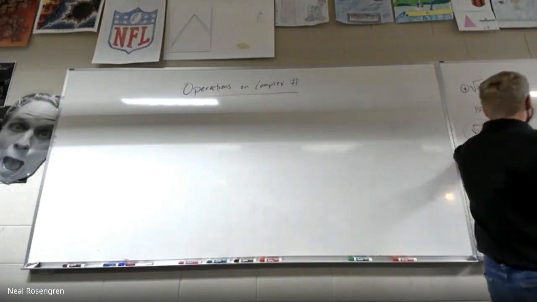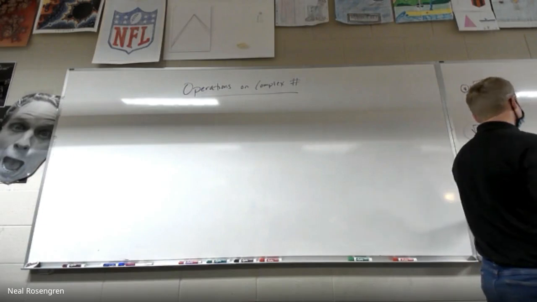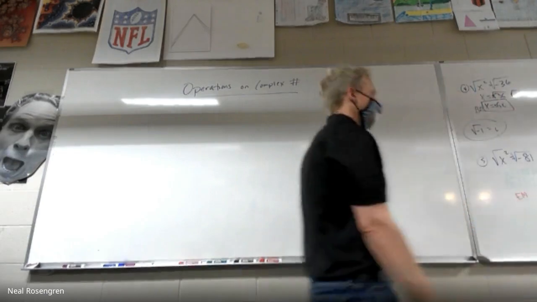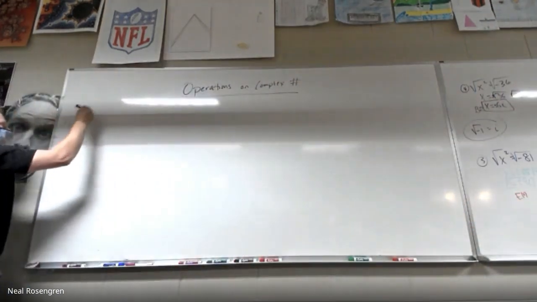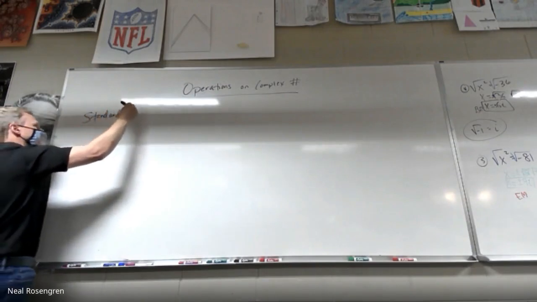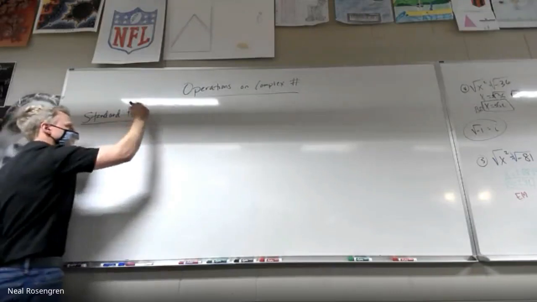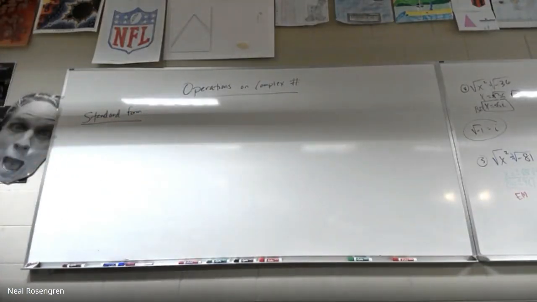But really, this is 0 plus or minus 6i. This is 0 plus or minus 9i. There's a part to a complex number that is just the real part and a part that's imaginary, okay? So somewhere where you have a little bit of space, let's start the next section, if you will.